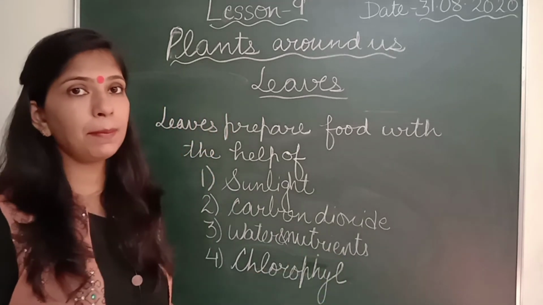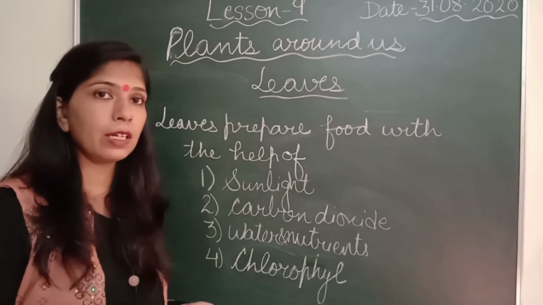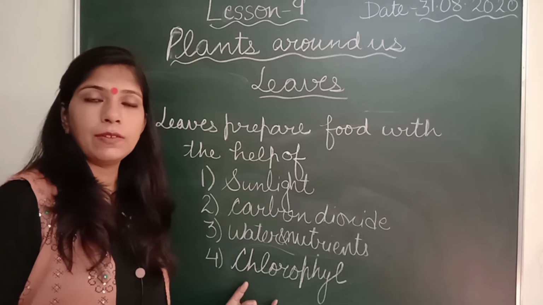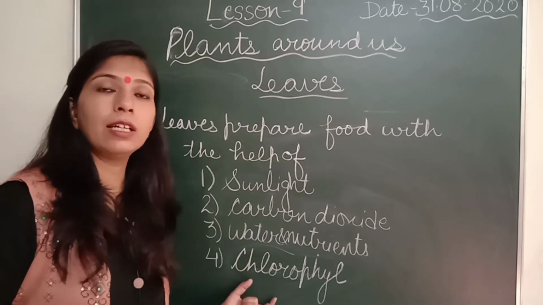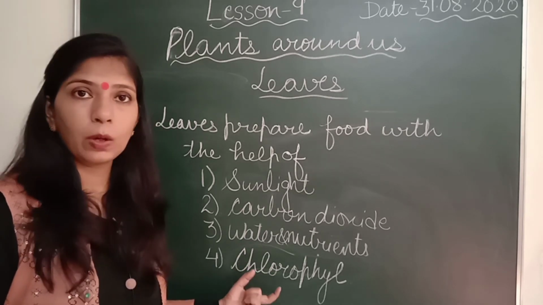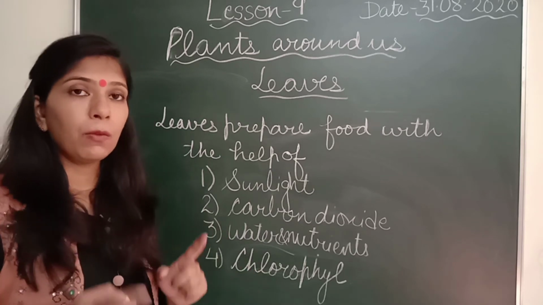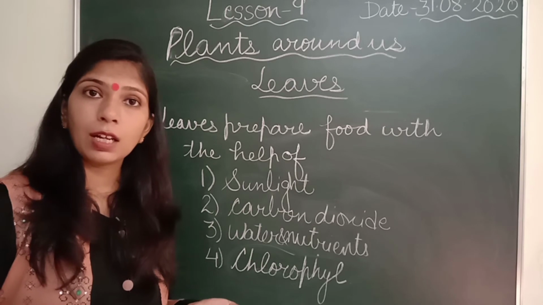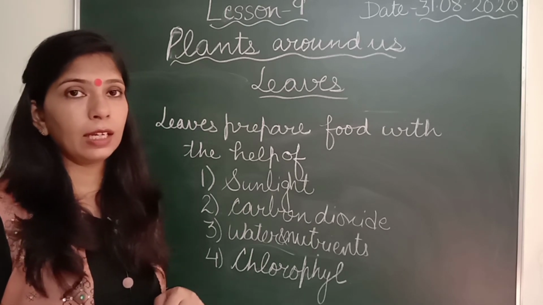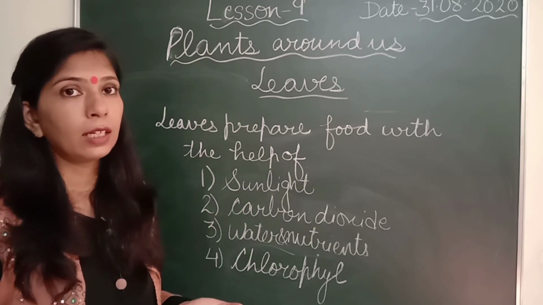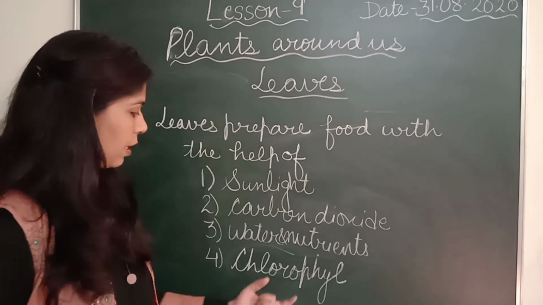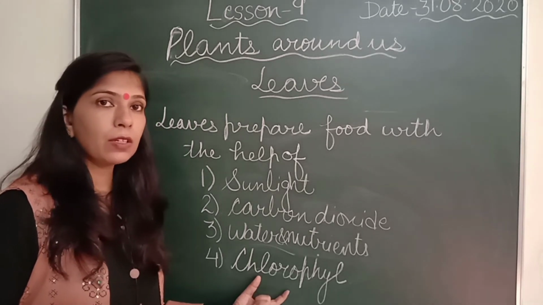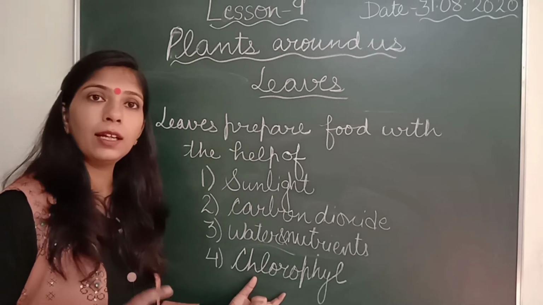Chlorophyll is a green pigment that is present in the leaves. It gives green color to the leaves. Like in our body, pigments give color to the body, either fair or dark. Same like that, leaves have a green pigment that gives green color to the leaves.